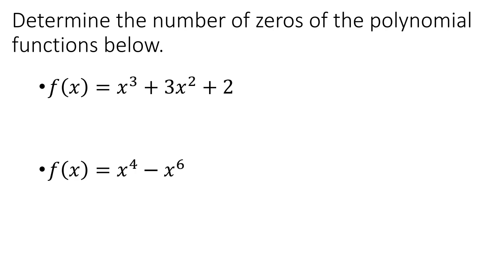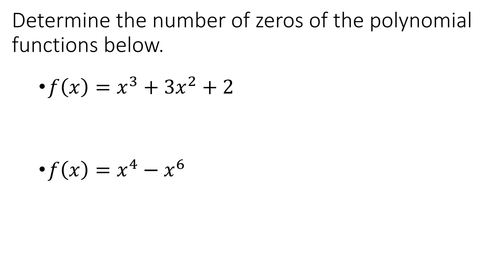As we've studied before, if we look at our first example here, the degree of this function is 3, so this function would have at most 3 zeros.